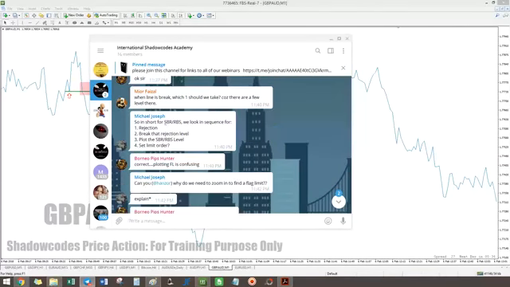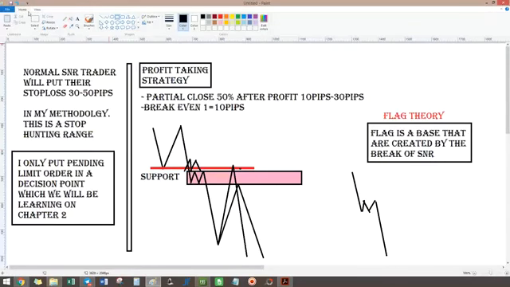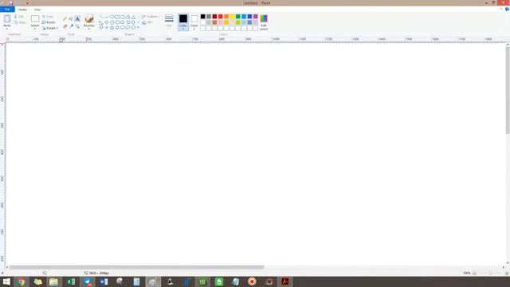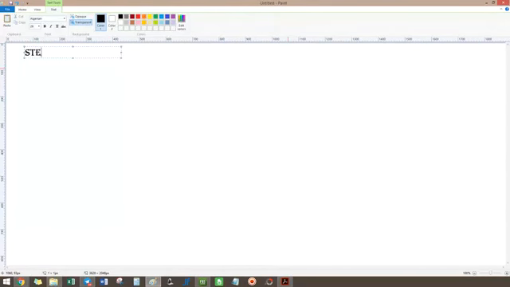Okay. So in short, for SBR, we look in sequence for rejection, break the rejection level, plot SBR level, set limit. Yes, correct. So the sequence is, let me clear this. Steps for SBR sell setup. First, line chart.